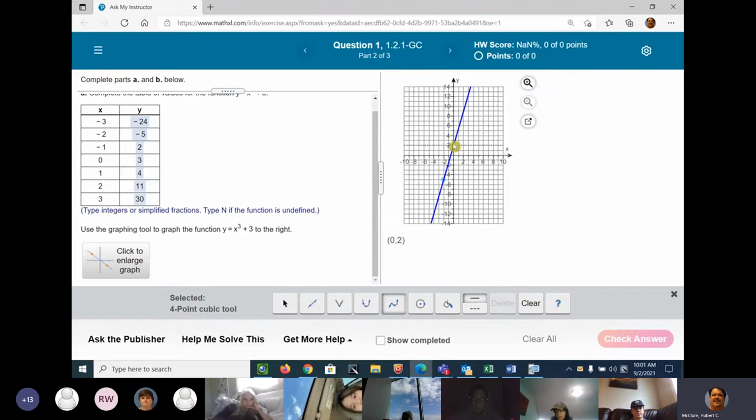And then 0 and 3 should be my next point. I don't know why it's not doing a cubic function. So I have no idea why it's not doing a cubic. Okay, I got to give it 4 points. So 1 and 4. I'm going to do 1 and 4. And then a 2 and 11. There we go. And that's how you graph it.